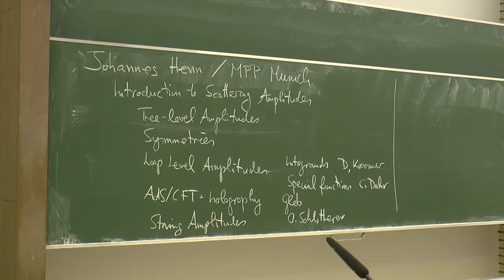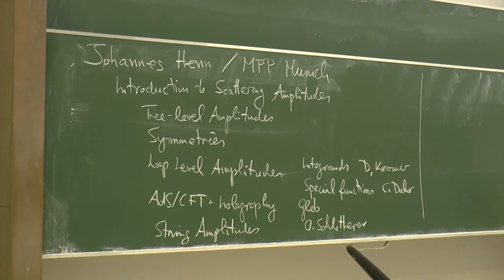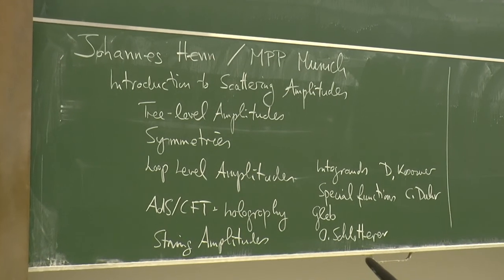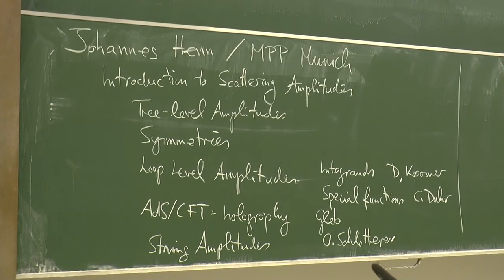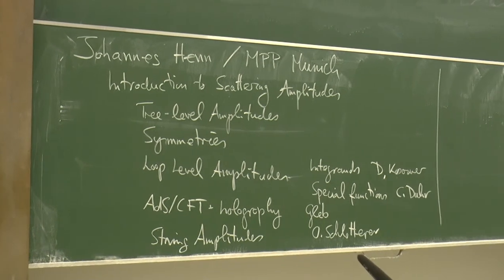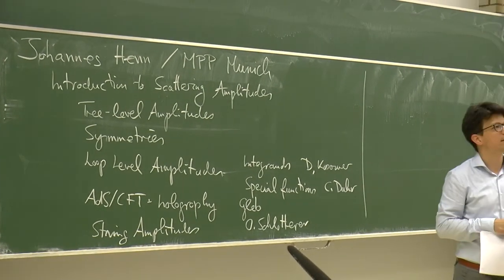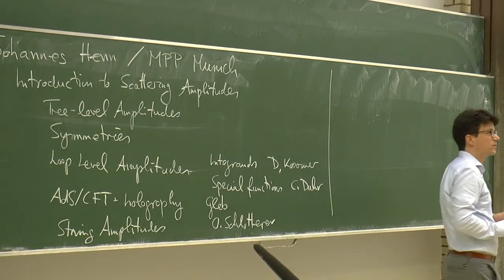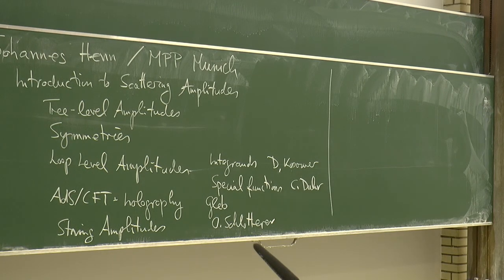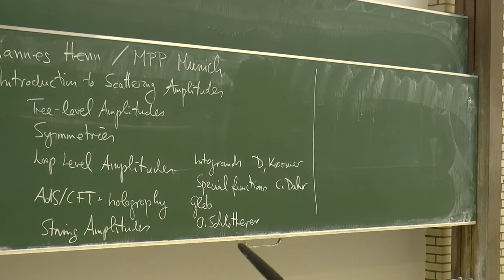Now I should also say what I don't cover. So I said that we were discussing scattering amplitudes of elementary particles, like gluons, electrons, quarks. Now, of course, in an experiment, in particular in hadron collisions, we don't scatter gluons directly, and also we don't measure them directly.